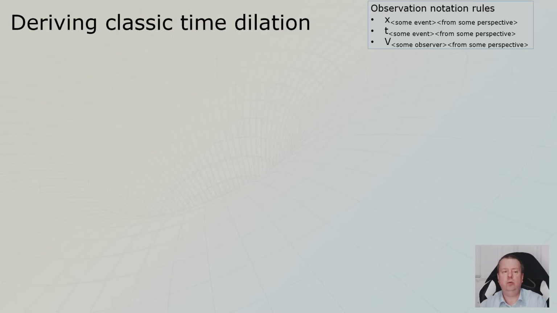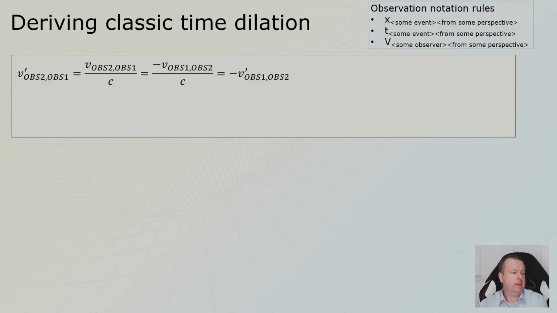The x is the location of some event from some perspective. The t is the time of some event from some perspective. The v is the velocity of some observer from some perspective. I also introduce now v prime, which is v over c. Makes it a little bit more easy because then I can also use x over c.